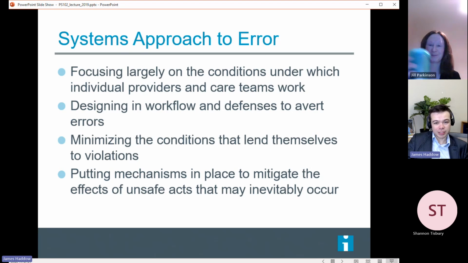Putting mechanisms in place to mitigate the effects of unsafe acts that may inevitably occur. So, say it's inevitable that the floor is a little bit wet when we mop it. There's probably not much you can get around that. I suppose you could dry it immediately, to prevent that, but maybe we need the drying effect to make it more sterile.